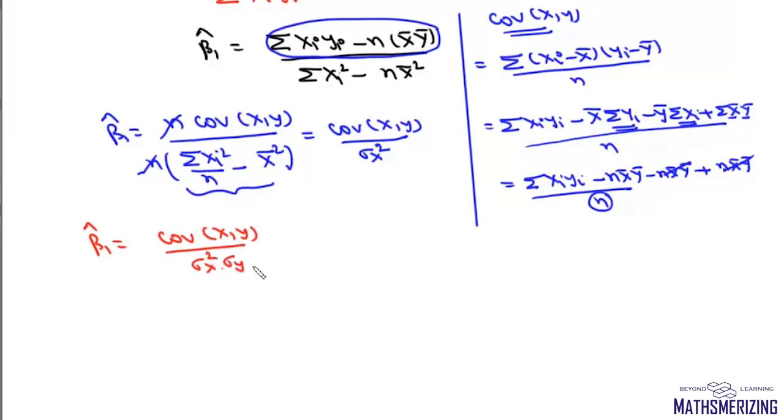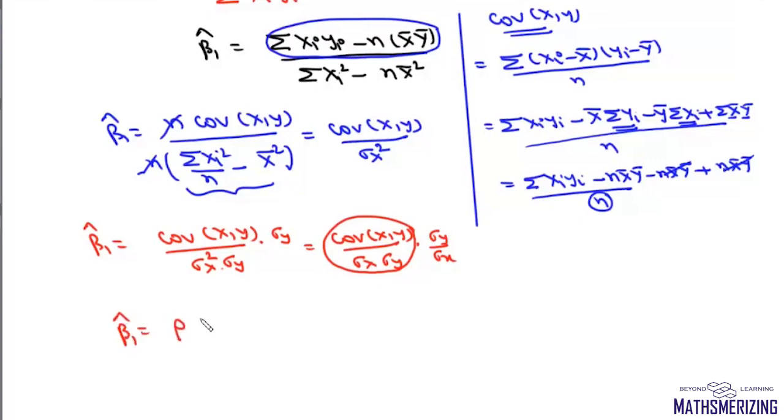Now what we'll do is we'll multiply and divide it with sigma y. So we can write this as covariance of xy upon sigma x sigma y into sigma y upon sigma x, and this is nothing but coefficient of correlation. So we can write beta 1 cap will be rho into sigma y upon sigma x.